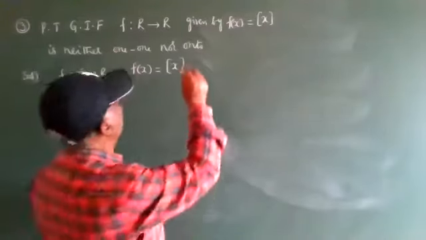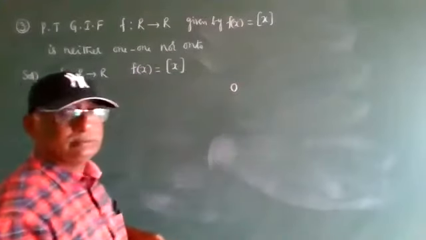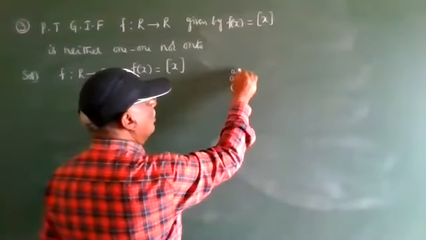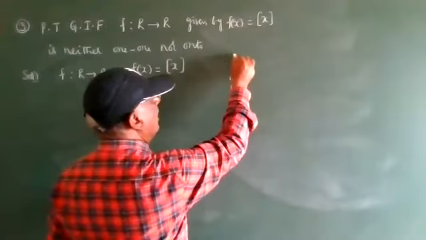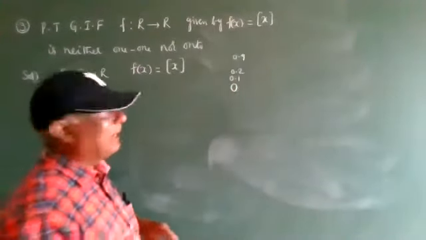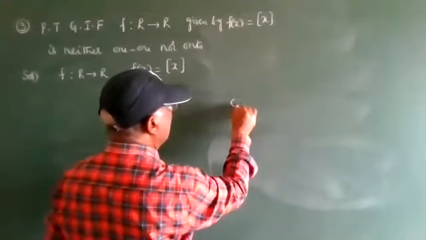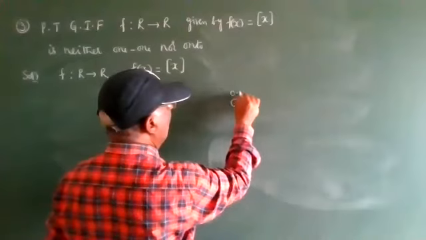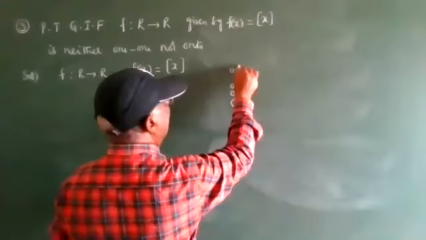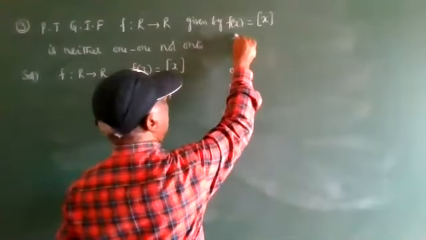So I will draw the figure. All the real numbers are given: 0, 0.1, 0.2, up to 0.999, up to 0.9, then 1, next up to infinity.